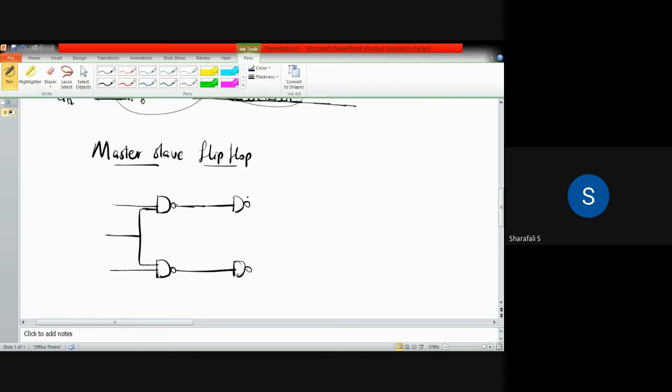The output of this one goes to the third input.